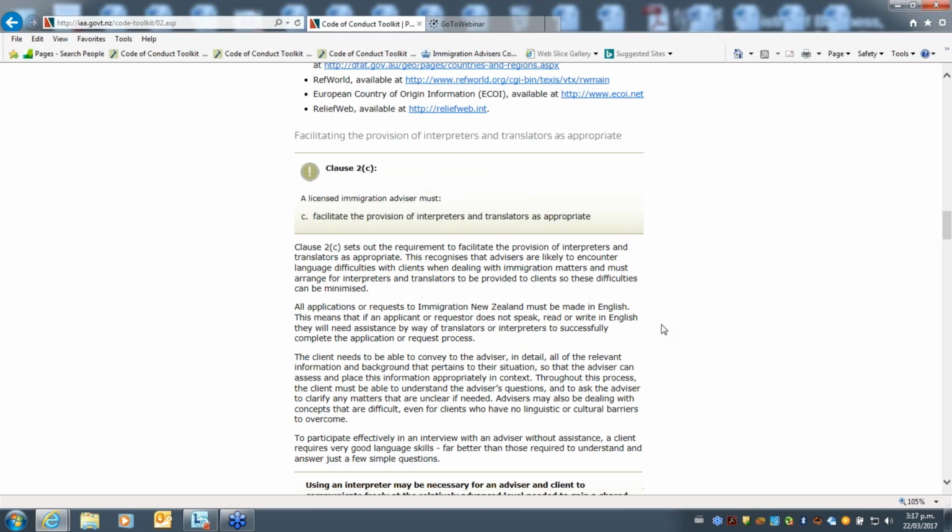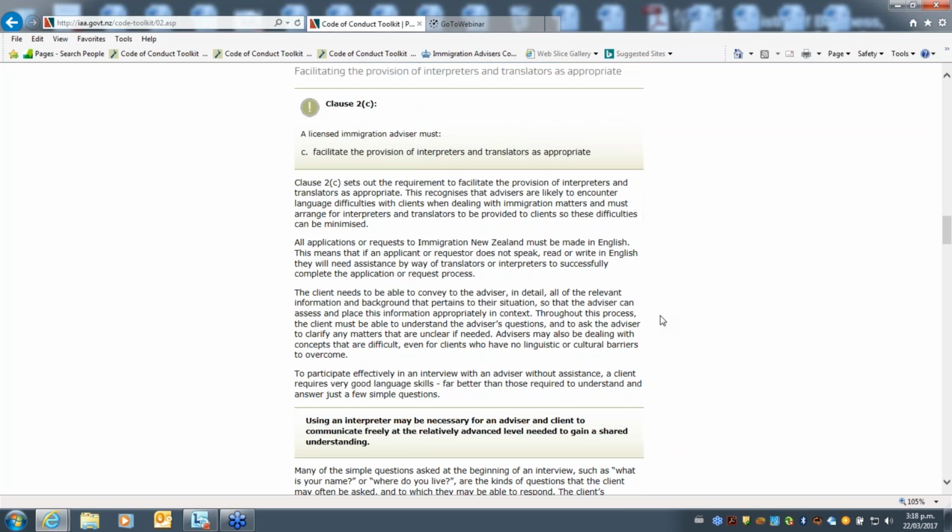Thirdly, here, clause 2C, you're expected to facilitate the provision of interpreters and translators as appropriate. And so this is an expectation under the code. If you can't communicate directly with your client because of a language barrier, you are expected to use interpreters and translators, and you need to make provision for that.